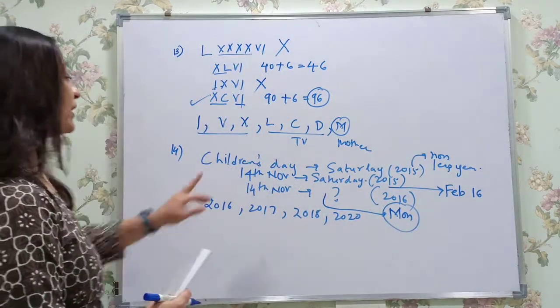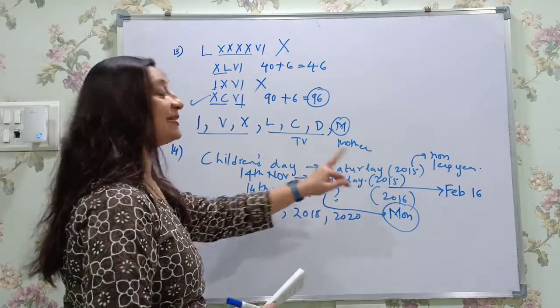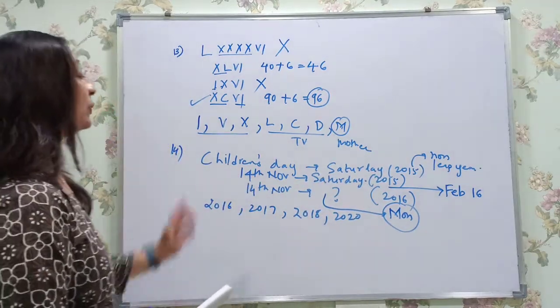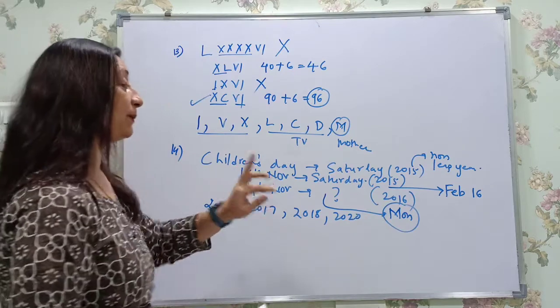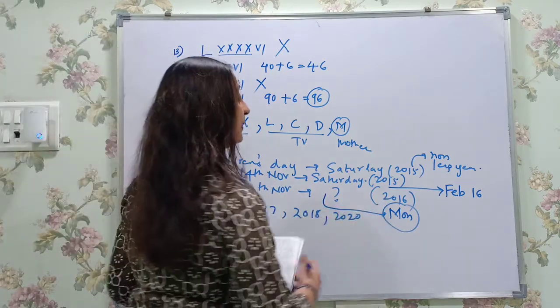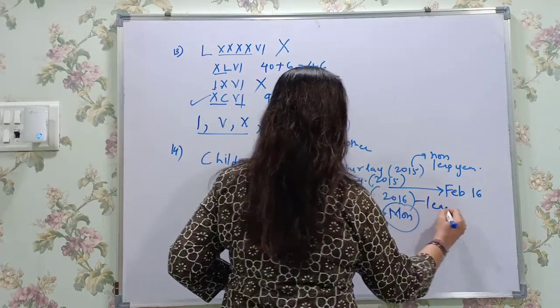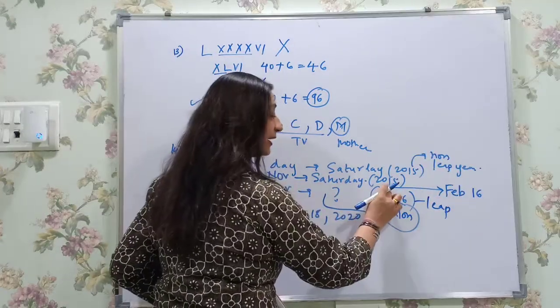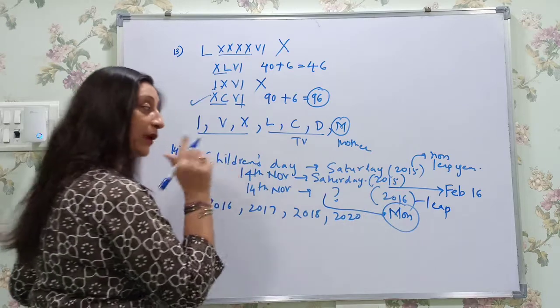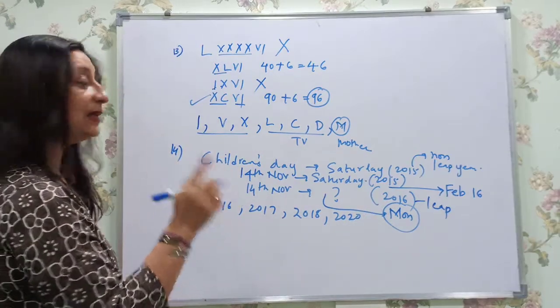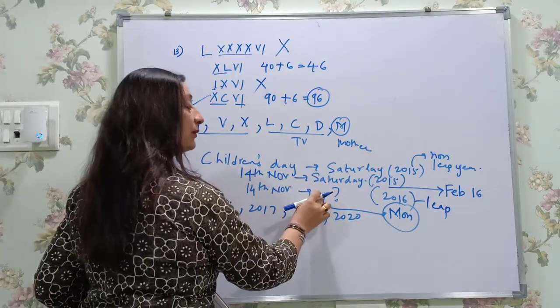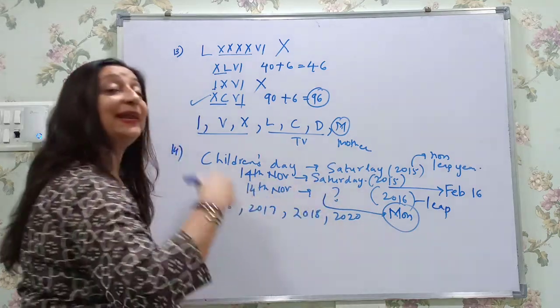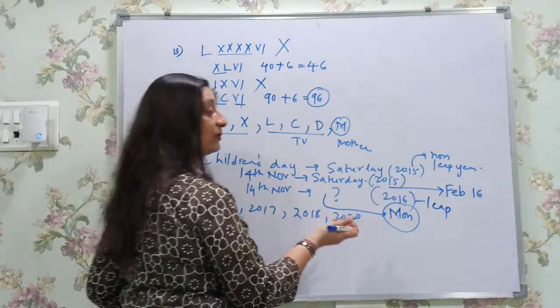Isn't it? Children's Day is 14th November, which is Saturday in 2015. So Sunday will not come because 2016 is a leap year. This is a leap year and this is November, no? So already Feb 2016 is there in between this and this. Feb month 2016 is there between these two, right? So this goes 1 day ahead. So why does it go 1 day ahead?